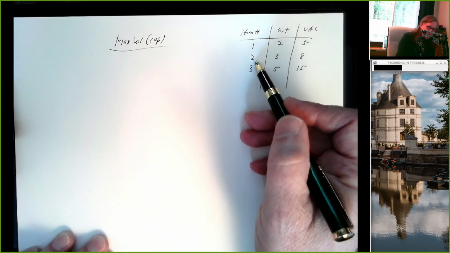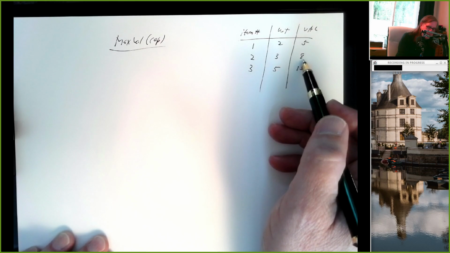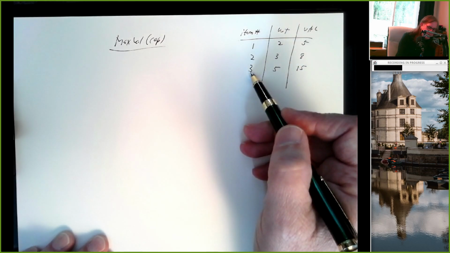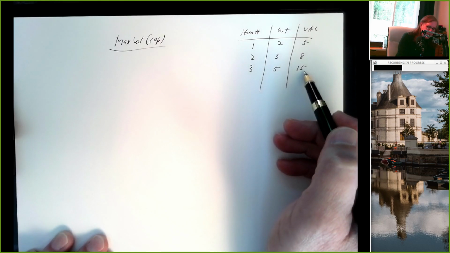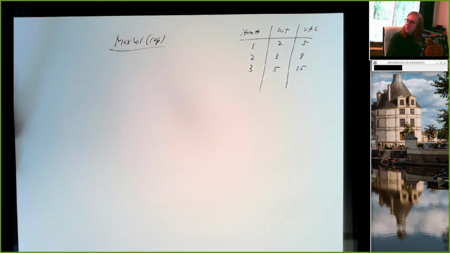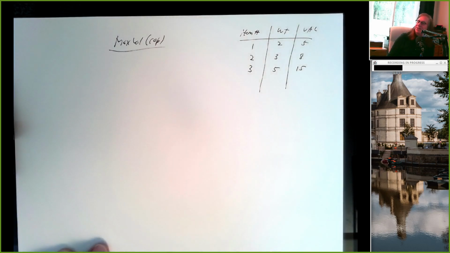If we start with item 2, we get $8, and our bag now holds capacity minus 3. And if we start with item 3, we get $15, and our bag now holds capacity minus 5. And so we know that one of those is going to be a best solution. And so we simply calculate the final value we get out of each of those 3 situations.